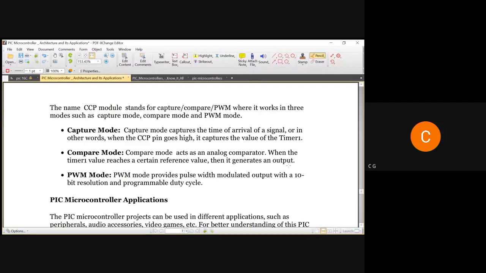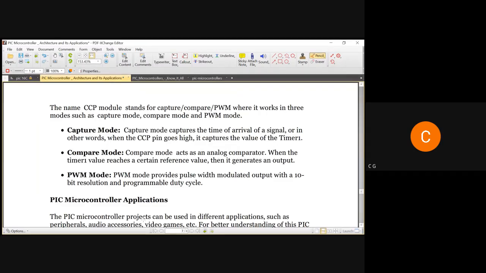When the timer one value reaches a certain reference value, then it generates an output.